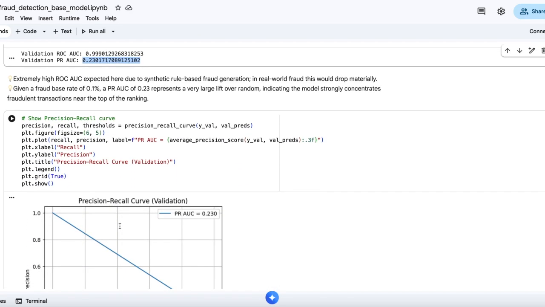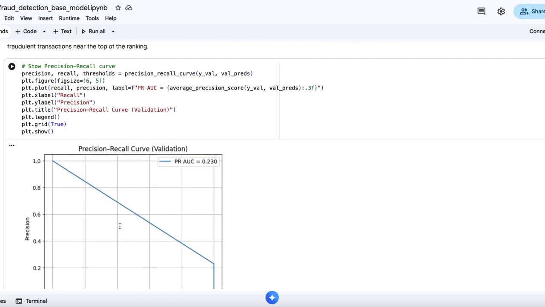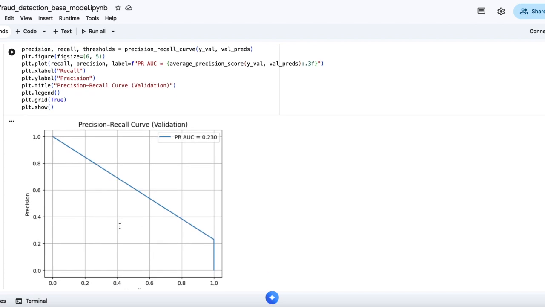I also plotted the precision recall curve, which lets us inspect this trade-off of catching bad guys and leaving good people alone at different thresholds. For example, do we want to mark all transactions scoring 0.9 or higher as fraudulent and everyone else as legitimate? Or do we want to draw that line at 0.95? In reality, this will inform thresholds and have an impact on alert volumes and customer experience.